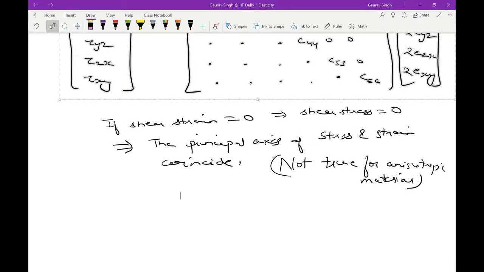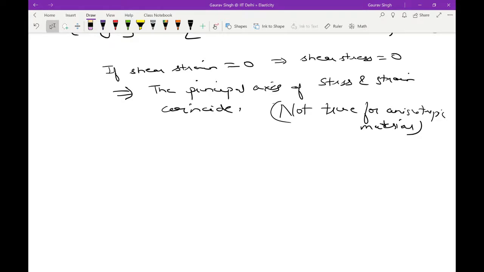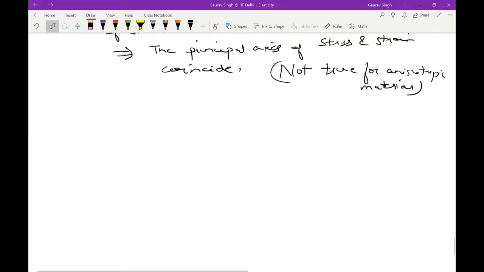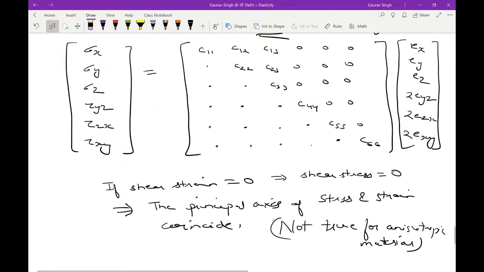Okay. You can also write the compliance matrix in the sense that if you invert this relation, you should be able to get a compliance matrix.